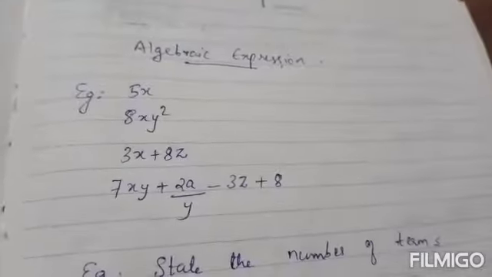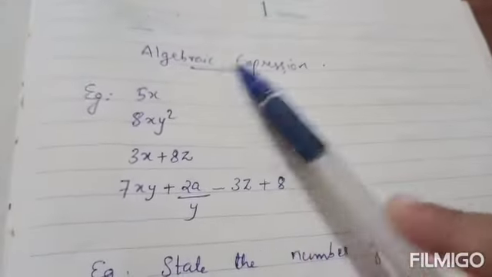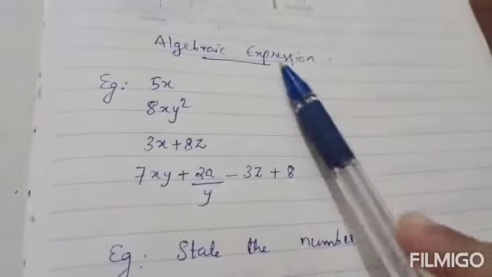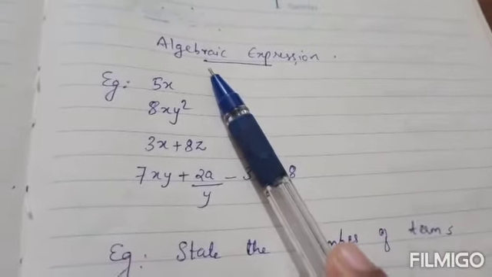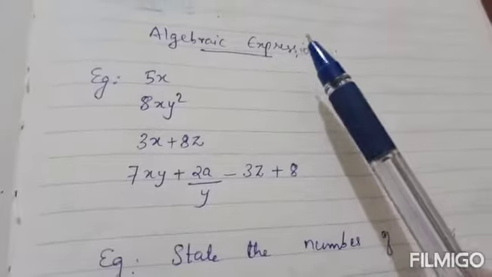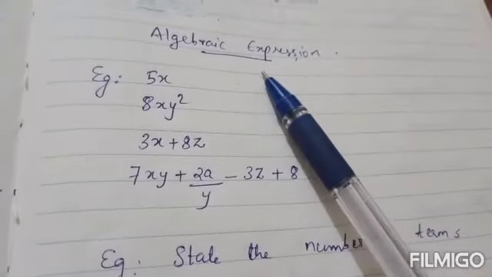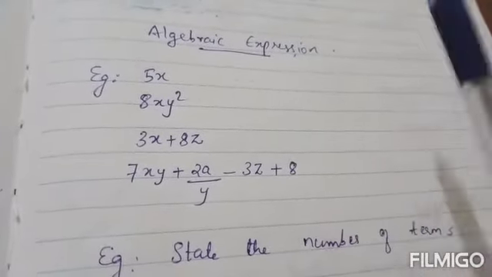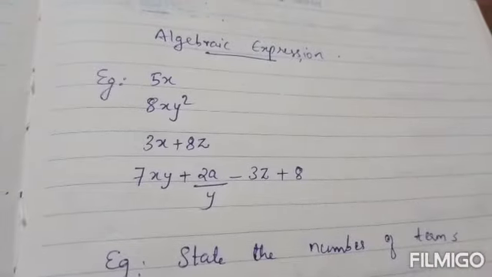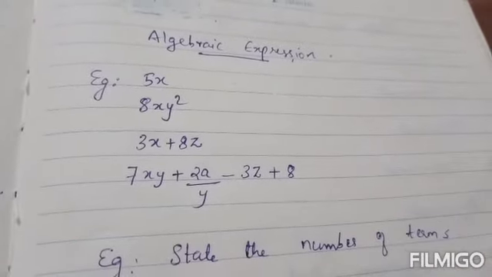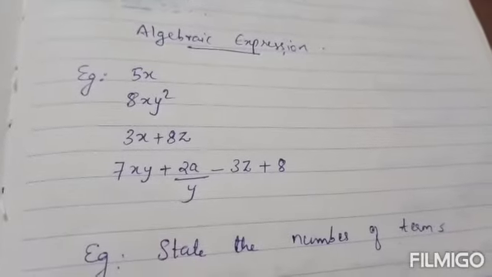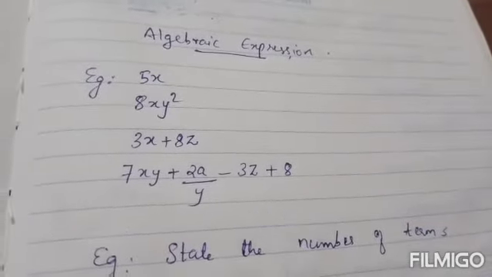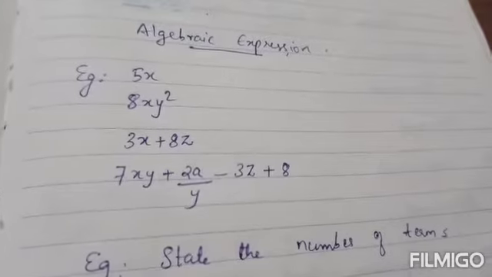Next, algebraic expression. An algebraic expression is a collection of one or more terms. So an algebraic expression may contain one term or more than one term, that is, 2, 3, 4, 5, any number of terms.